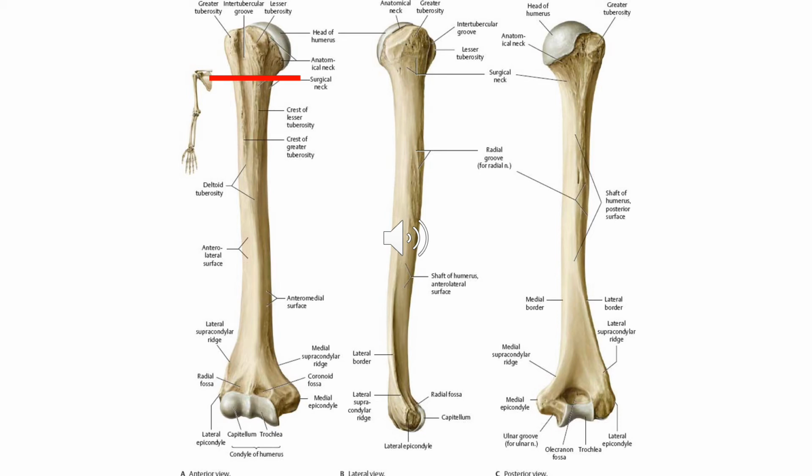Because if you look at the proximal end of the humerus, it is wider compared to the shaft of the humerus. The weakest point is the junction where the widest diameter of the proximal end funnels, narrowing like a funnel into the shape of the shaft.